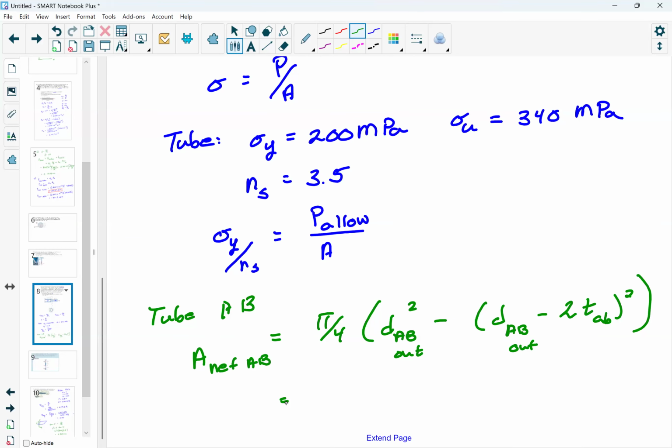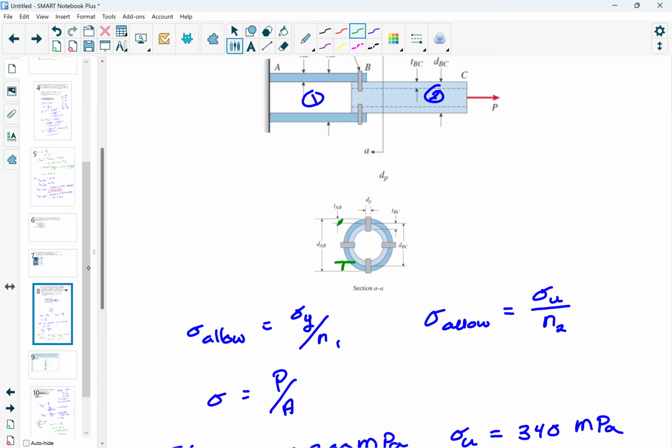All right, so if we put these numbers in, it's going to be 41 squared minus 41 minus 2 times, and I believe they're different, correct?